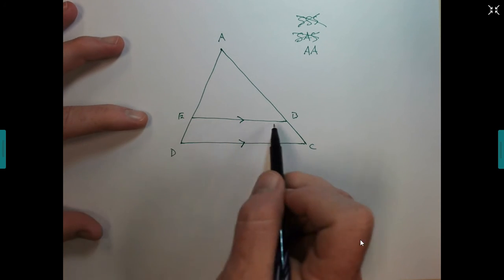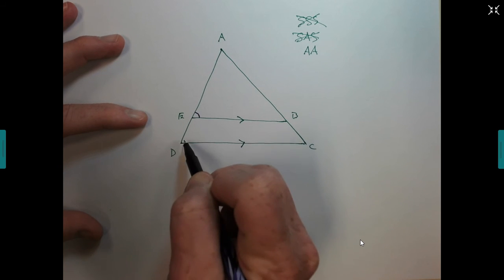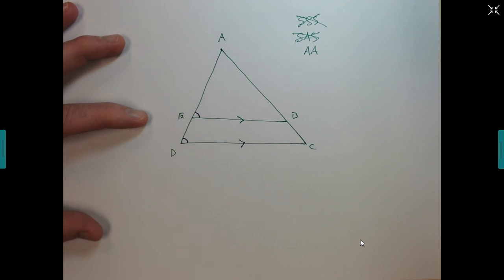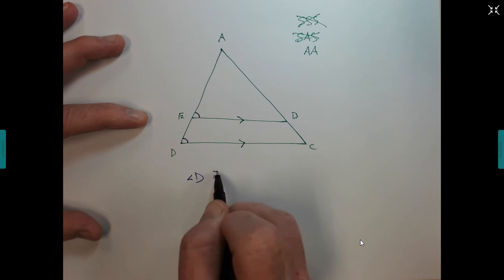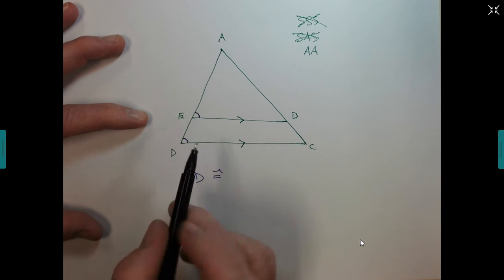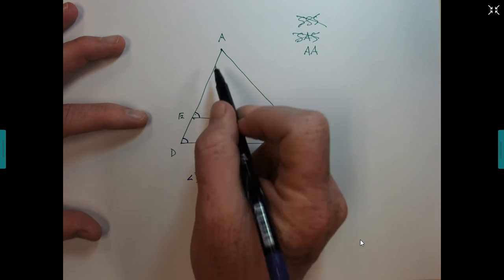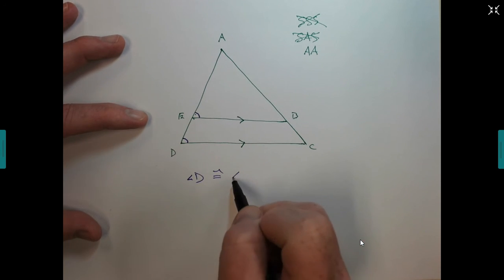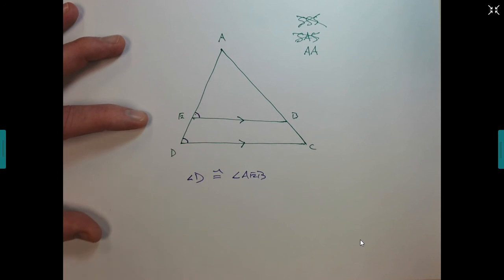All right. If we have parallel lines and a transversal, please realize these two angles here, this angle D, would have to be congruent. Now I can't say angle E because there are multiple angles at point E. I've got to use a three-letter system, AEB. Those triangles have to be congruent.